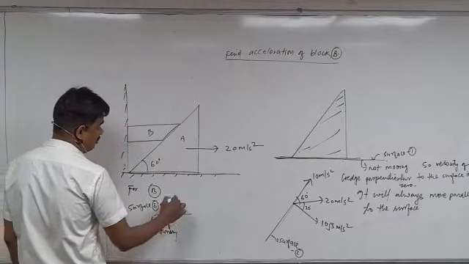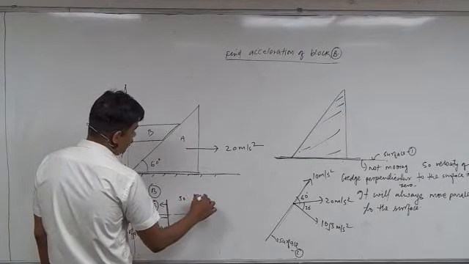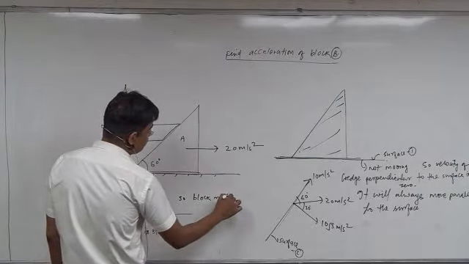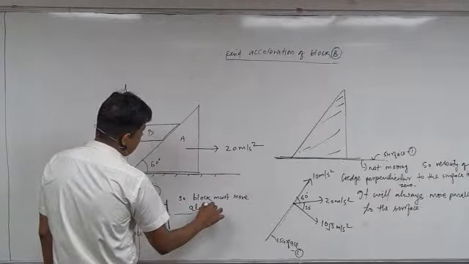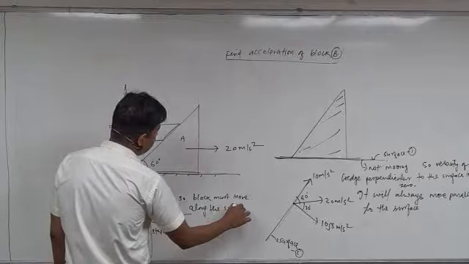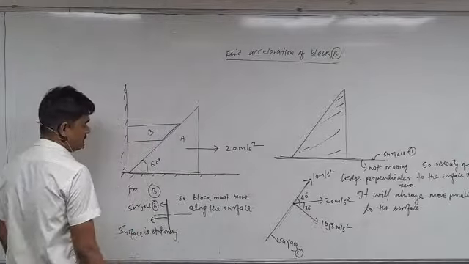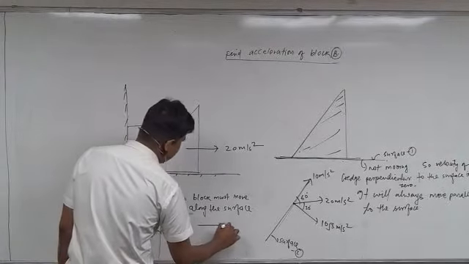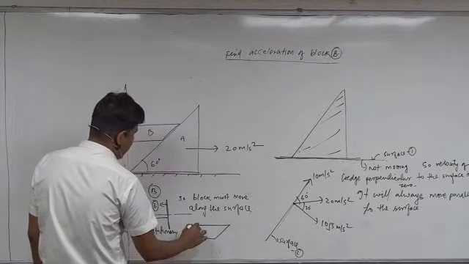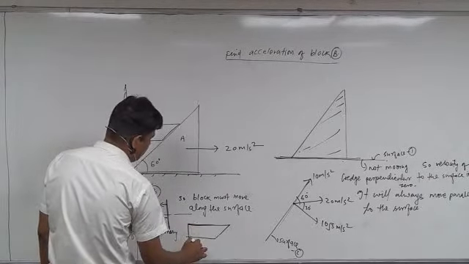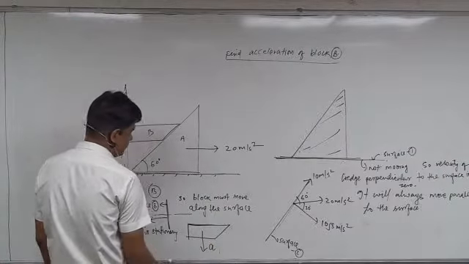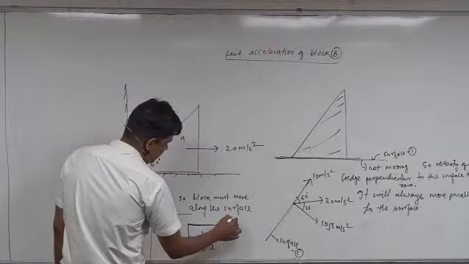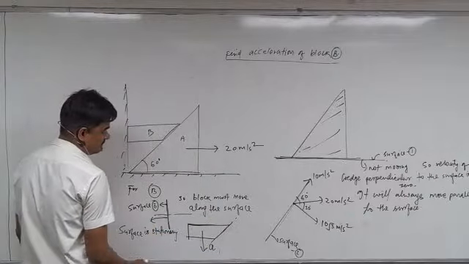Surface is stationary, so block must move along the surface. So B must have an acceleration in downward direction, let's say A. This is another surface.